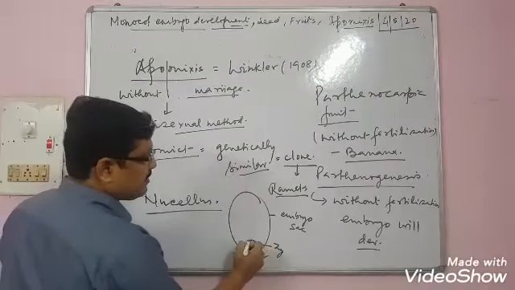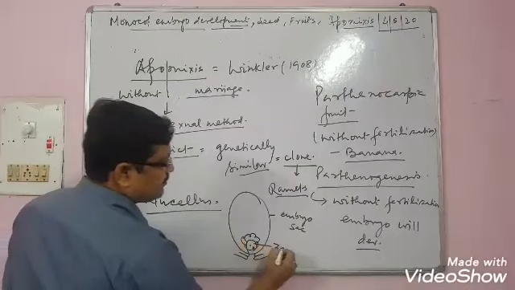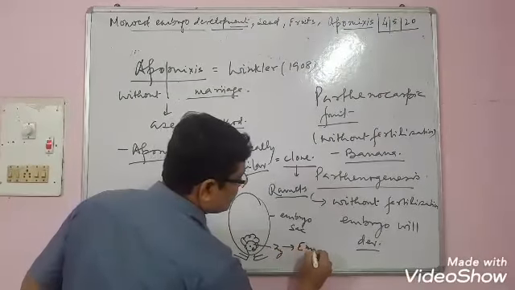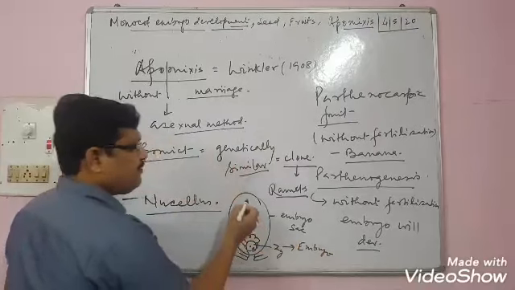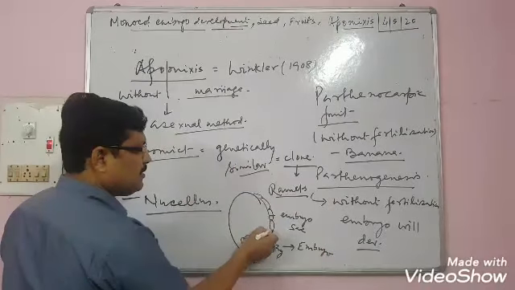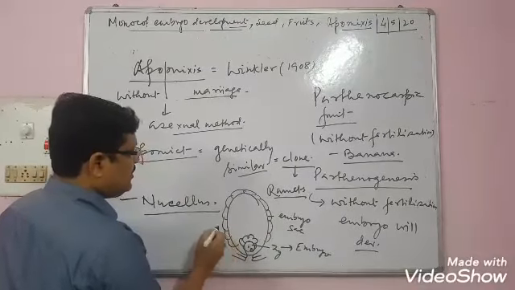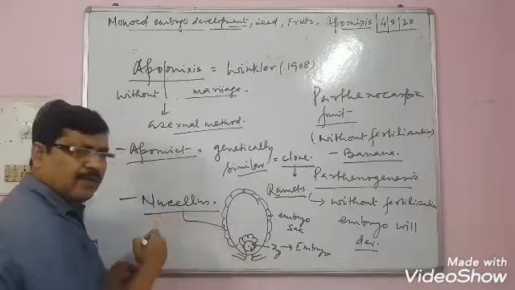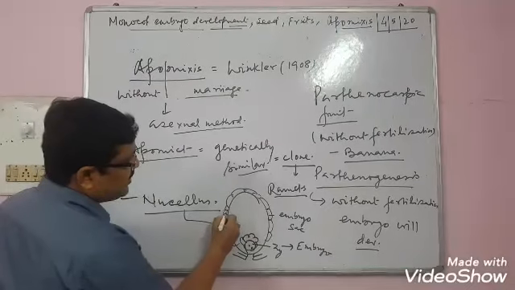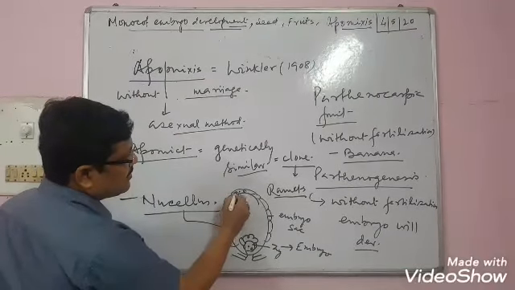The zygote develops as embryo, and these cells of the nucellus behave like diploid cells.